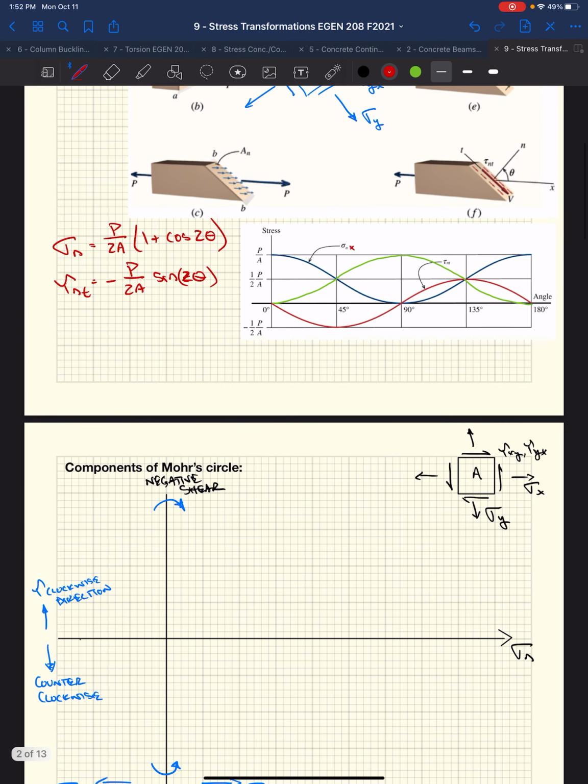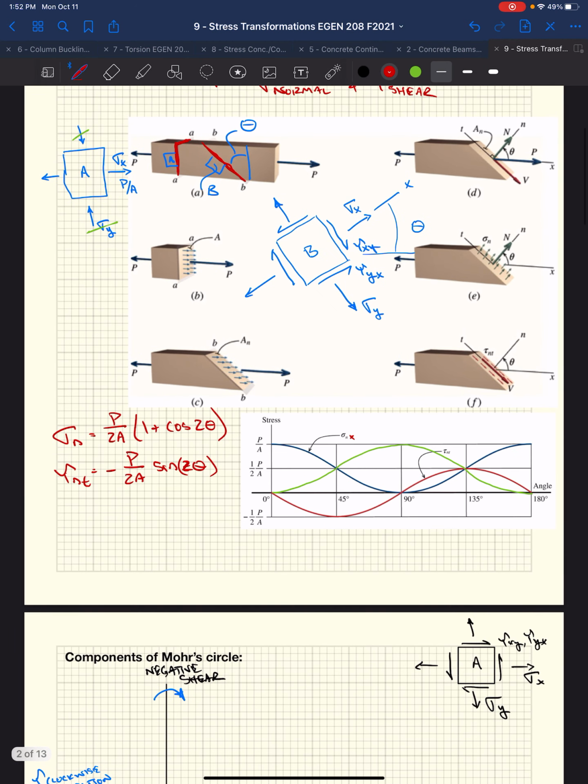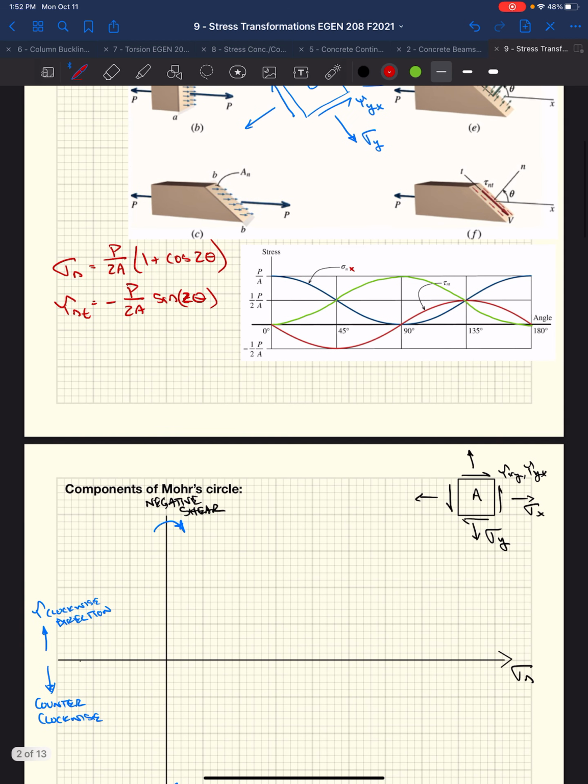Well, we know based on our stress state up above, going back to this example where we have axial load, stress state of 1, we only have normal stress on our x faces. So we can effectively get rid of tau xy and sigma y. There's no shear stress on this element at A. There's no normal stress on the y face at A. We just have a normal stress that acts on the x face due to that axial load, that P force.